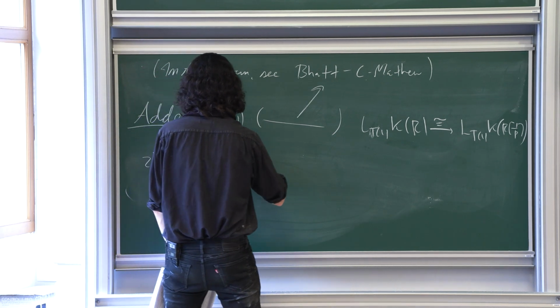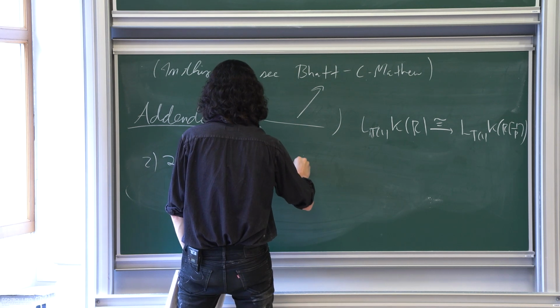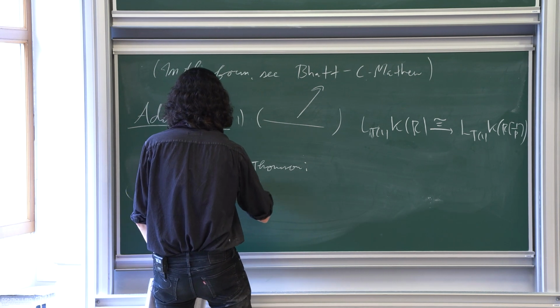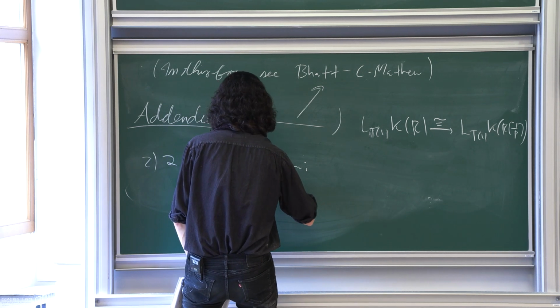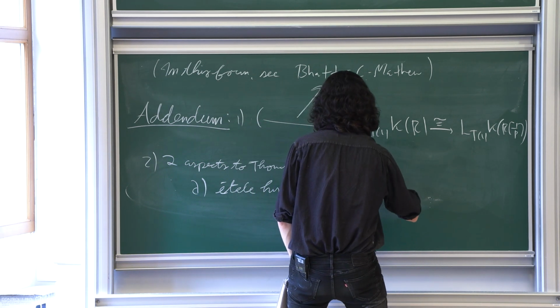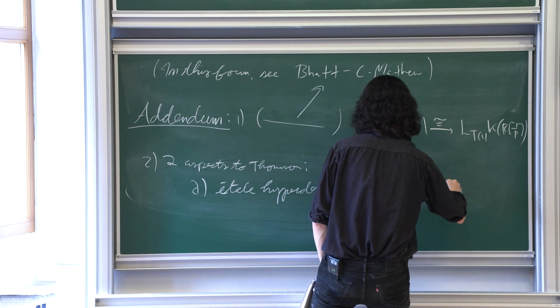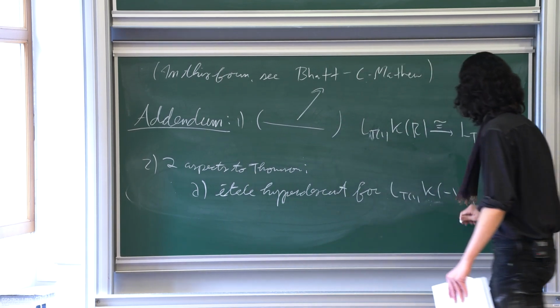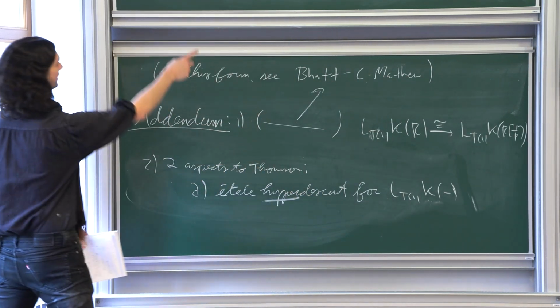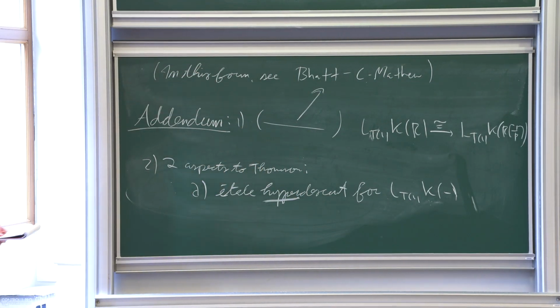And the second addendum is that there are two key aspects to Thomason's work. Maybe the first one is étale hyperdescent for T(1)-local K-theory. The hyper is again important for getting a spectral sequence like this.